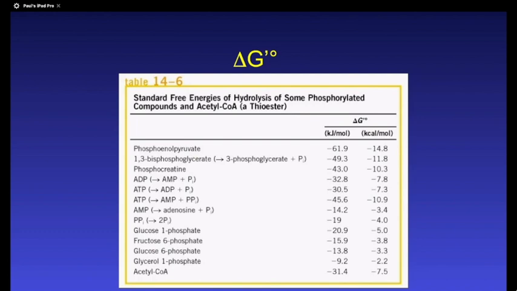So this is the defining reaction, because we use ATP to power almost all things within the biological system, the most often used. Negative 30.5 kilojoules per mole, or negative 7.3 kcals per mole. Okay, it's a very energetic molecule.